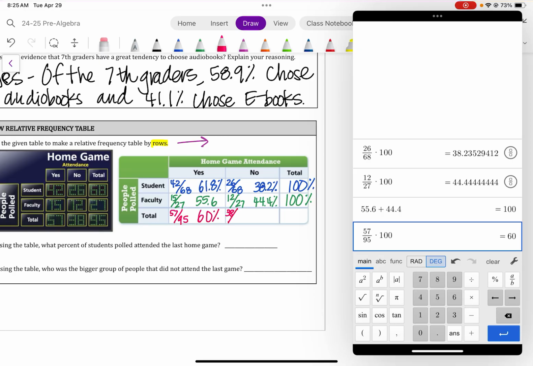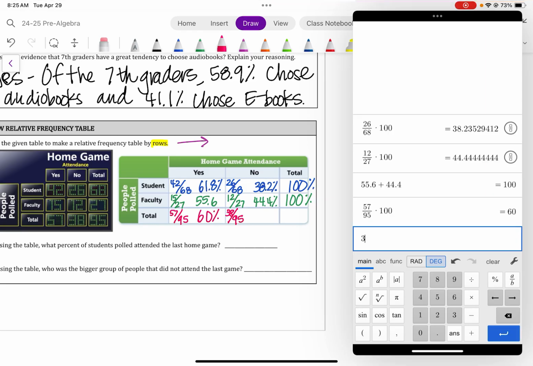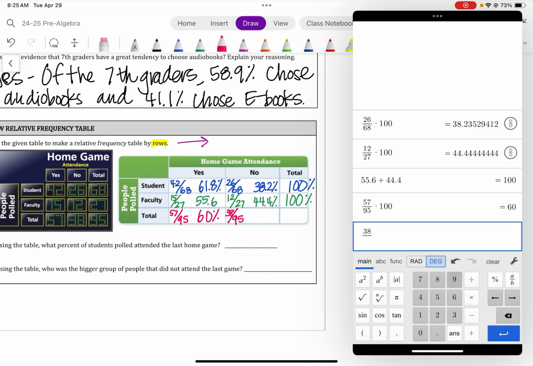We can show that 38 people out of the rows total of 95, so 38 out of 95 is 40%. And that makes 100%.